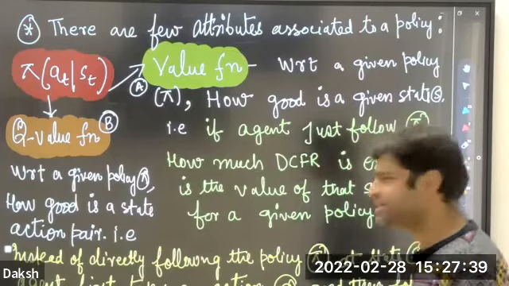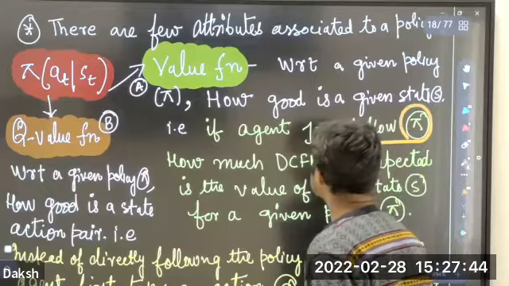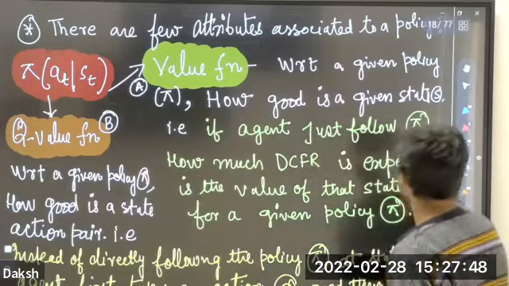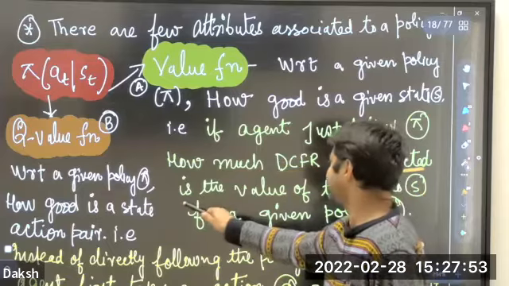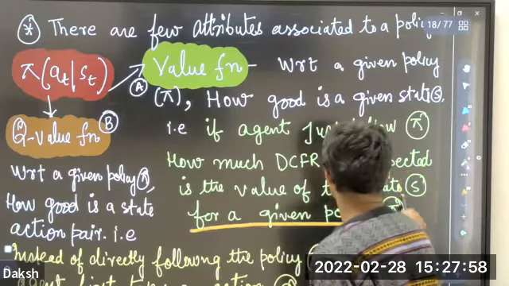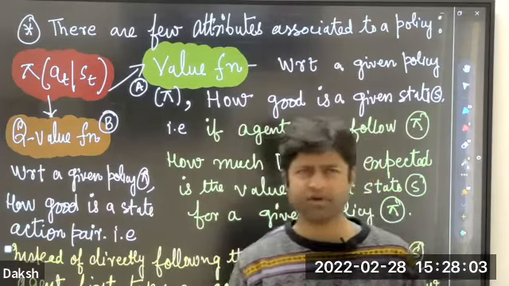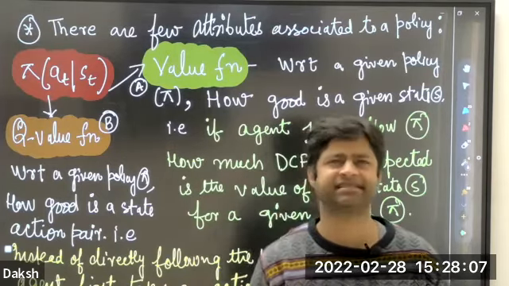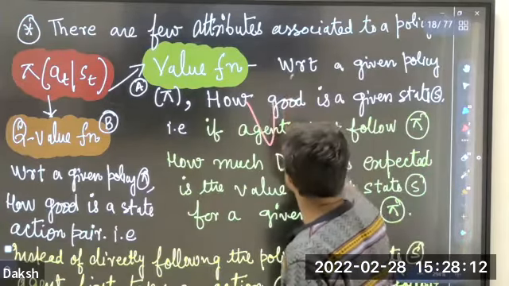If the agent keeps on following just the given pi, how much discounted cumulative future reward is expected is the value of the state S for a given policy pi. You are at a state, and I want to know how good the state is.